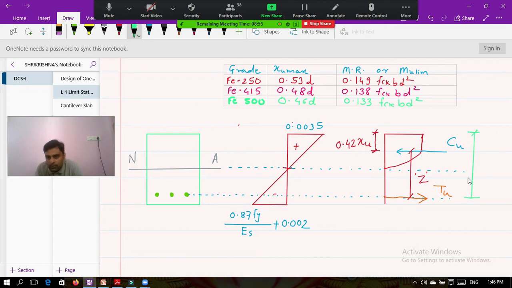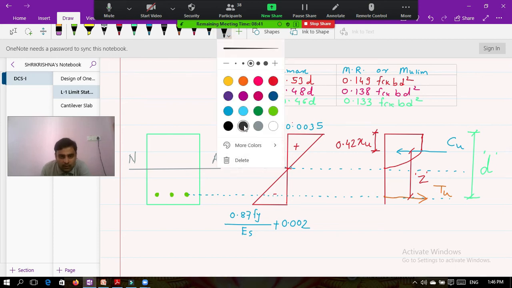This effective depth is denoted by the letter d, up to the reinforcement zone.